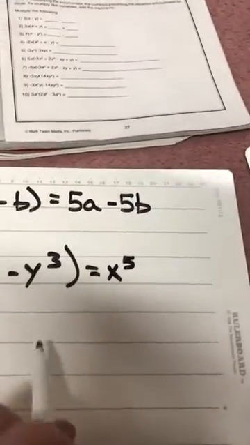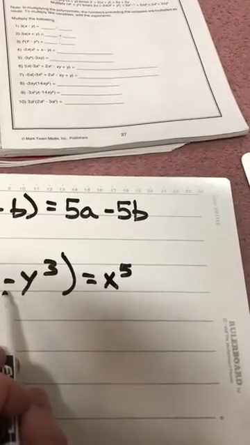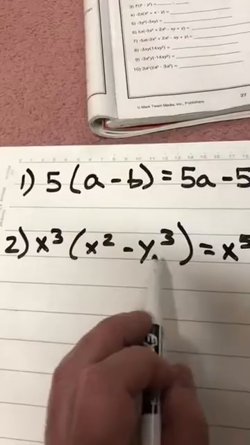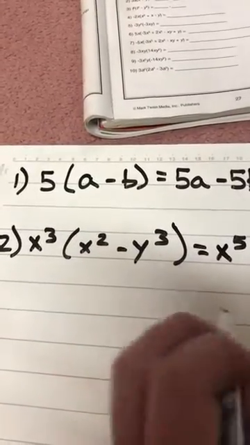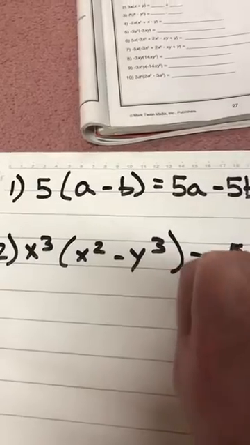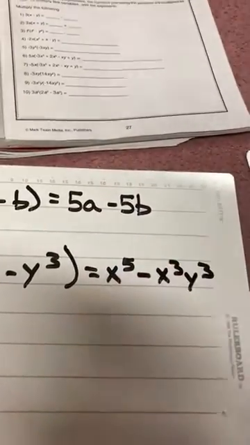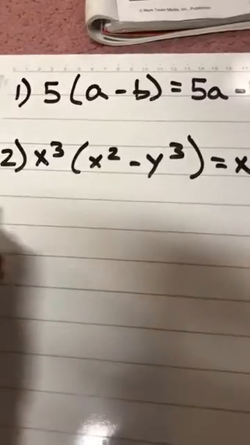And then I look at x to the power of 3 multiplied by a negative y to the power of 3. When I multiply those, I get a negative x to the power of 3 y to the power of 3. No like terms, nothing can be combined, so I'm ready to move on.